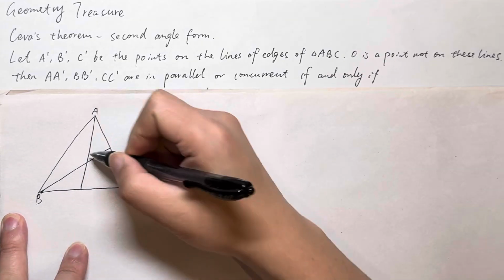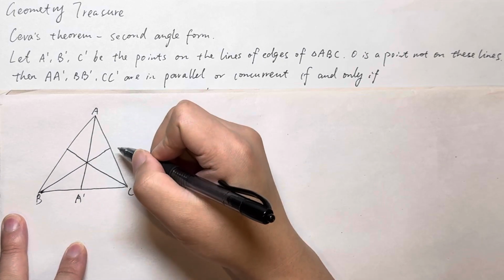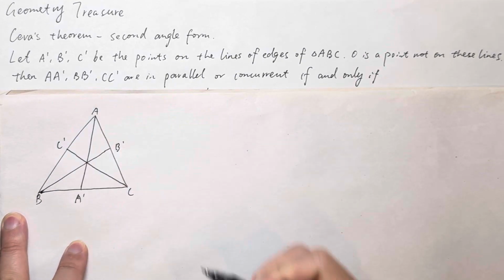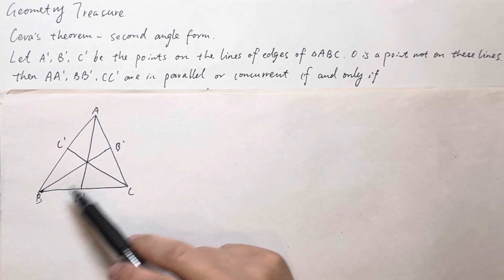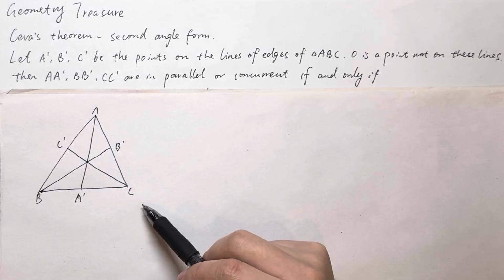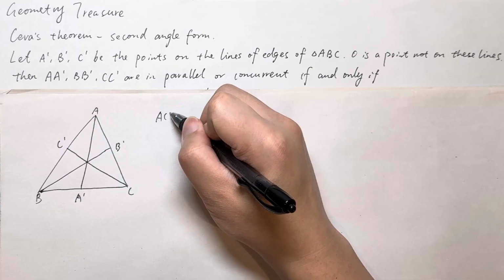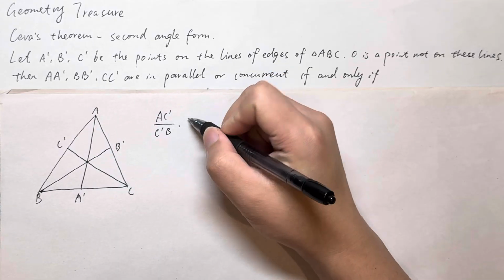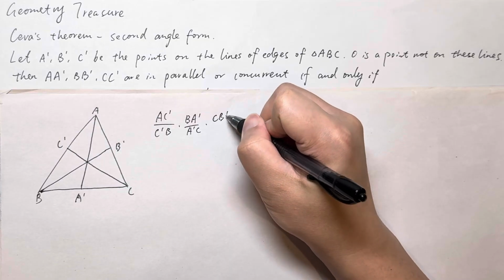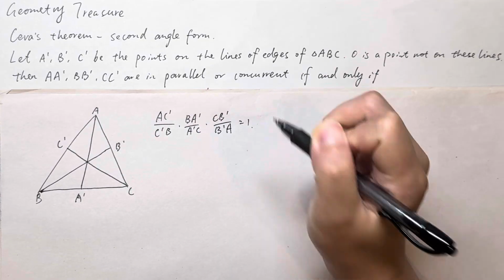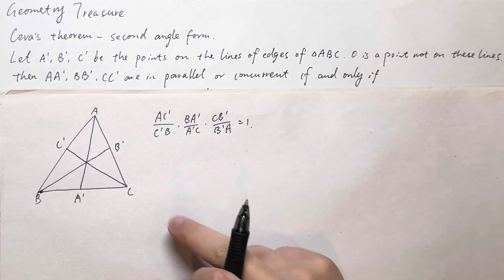This is a triangle ABC, and we have A prime, B prime, C prime on each edge. We say that if AA prime, BB prime, CC prime are parallel or concurrent, then we have AC prime to C prime B times BA prime to A prime C times CB prime to B prime A equals 1, right? That's the Ceva theorem.